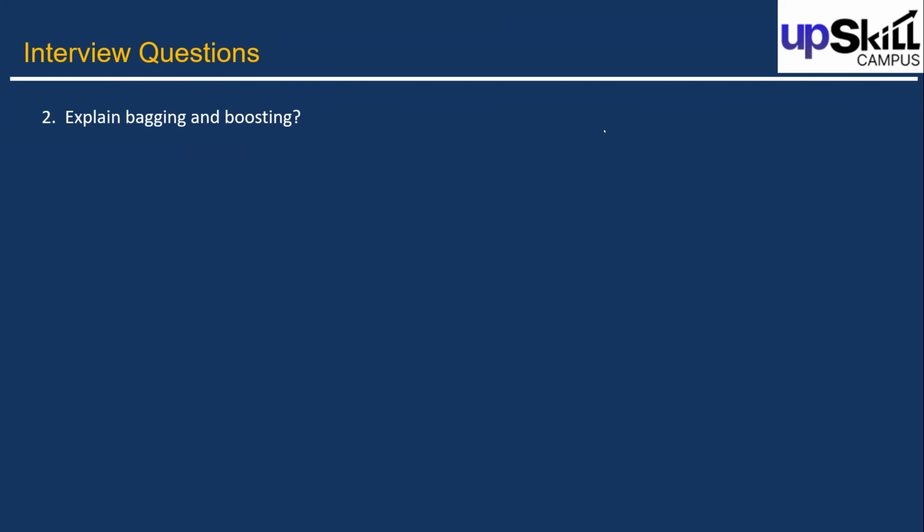Okay, so we'll see. So it's a part of ensemble learning, in which we use two or more algorithms, where the error of the first algorithm is corrected by the second algorithm and helps us achieve more accuracy.